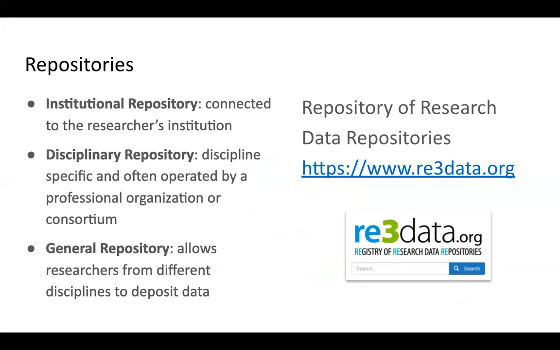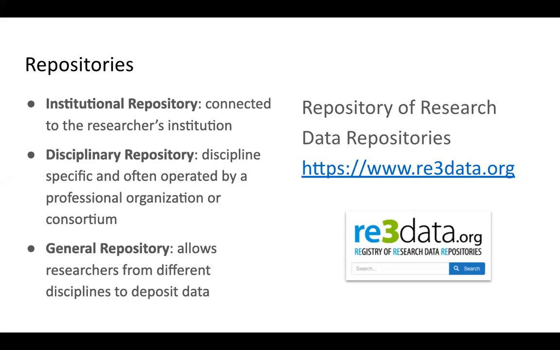Institutional repositories are usually connected to the researcher's institution. Disciplinary repositories are discipline specific, and they're often operated by a professional organization, a consortium of researchers, or a similar group. Then open or general repositories allow researchers from different disciplines to deposit and make their data available.